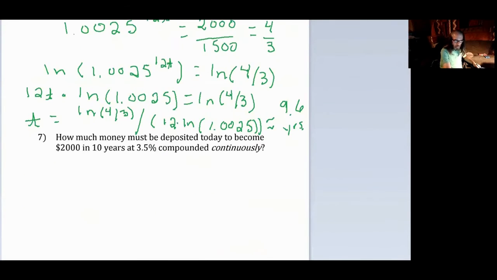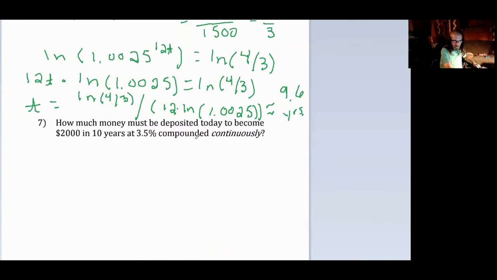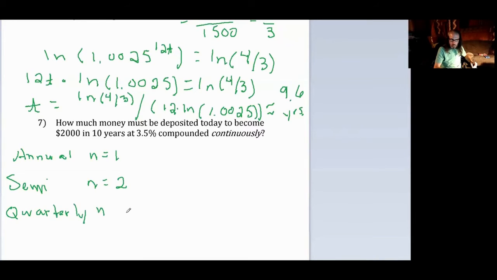So on this last one, notice that it says that interest is being compounded continuously. If you were to go from compounding annually, where n was 1, to semi-annually, to quarterly, monthly, you could even go with weekly, or daily.